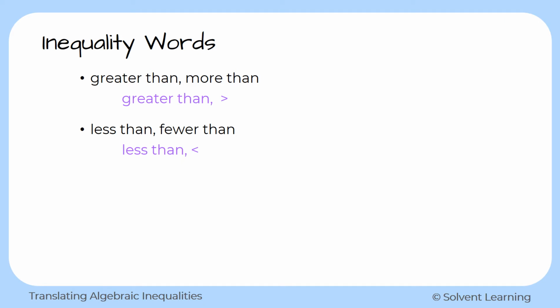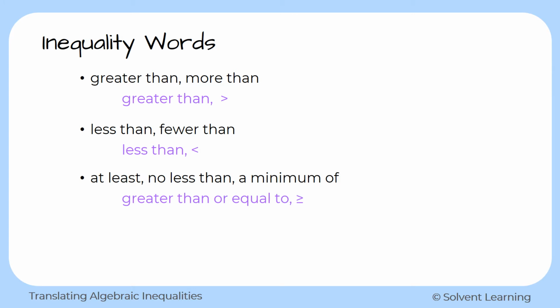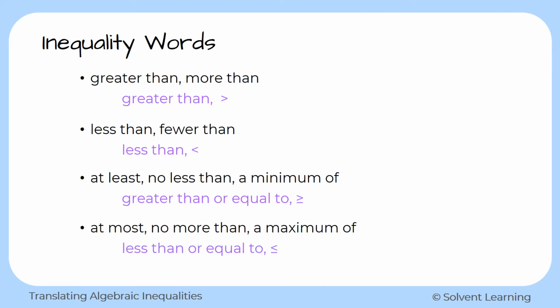Less than or fewer than will translate to the less than symbol. At least, no less than, or a minimum of will become the greater than or equal to sign. At most, no more than, or maximum of will become the less than or equal to sign.